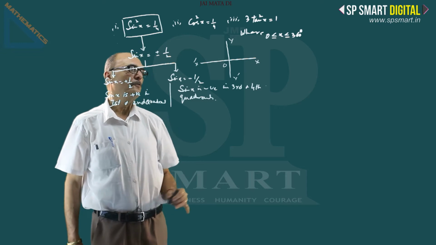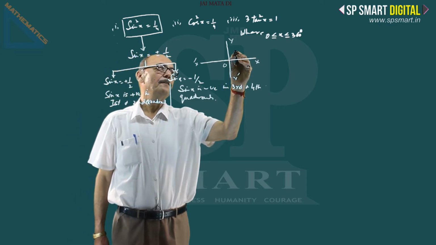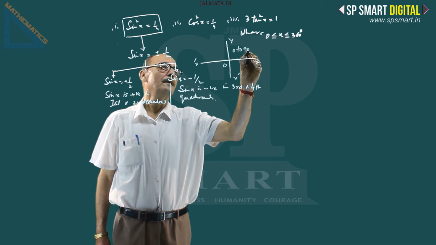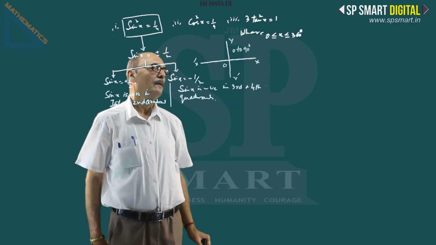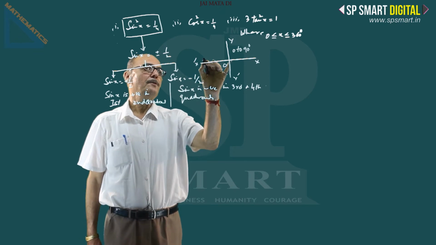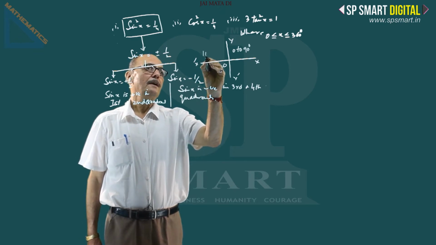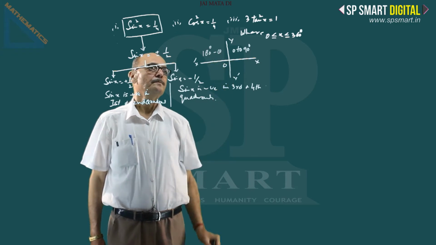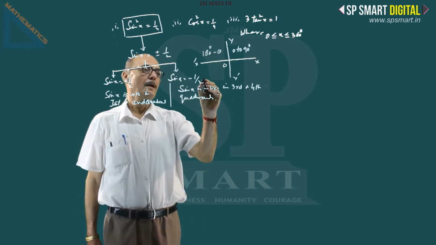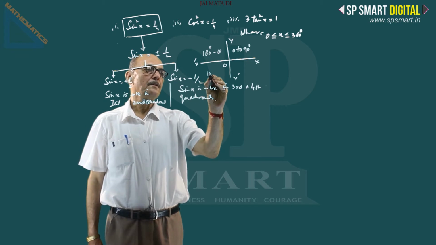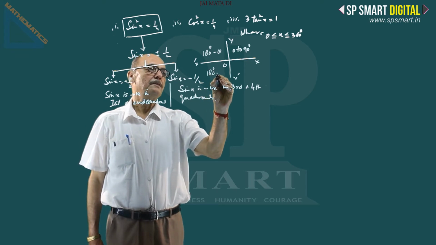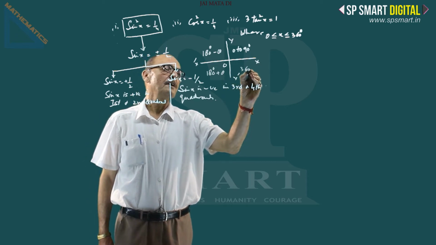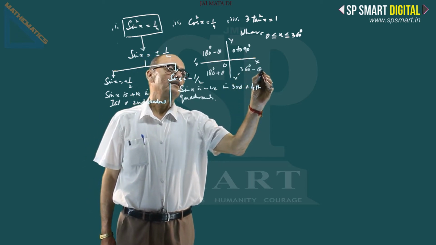If you have to find out value in the first quadrant, this is 0 to 90. If you have to find out value in the second quadrant, it is 180 degree minus theta. In third quadrant, it is 180 degree plus theta, then 360 degree minus theta.